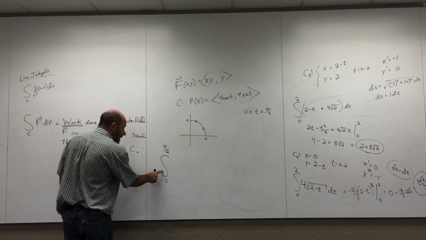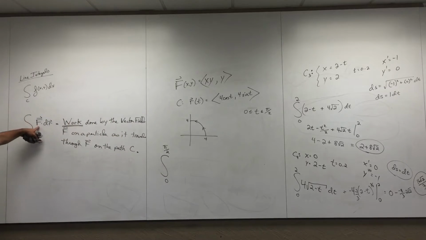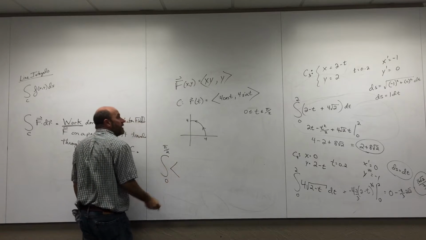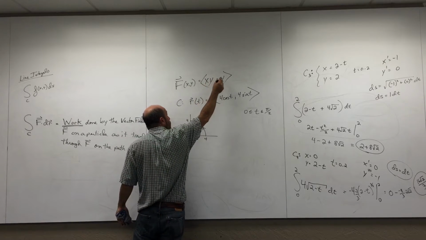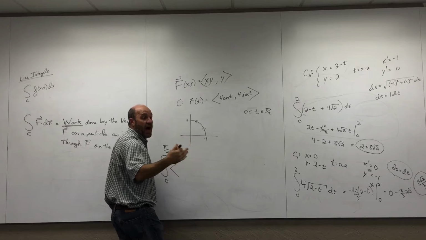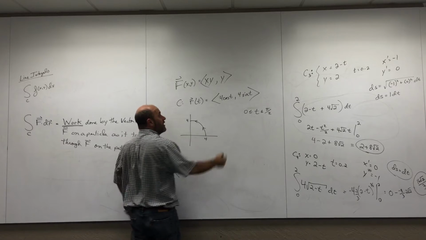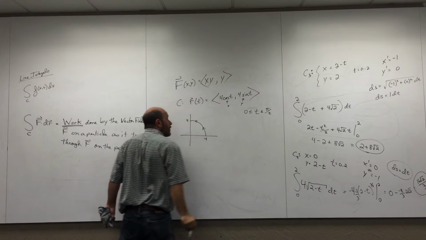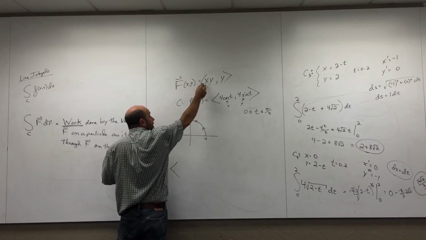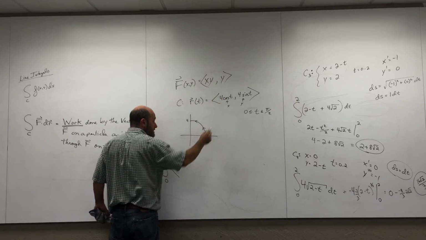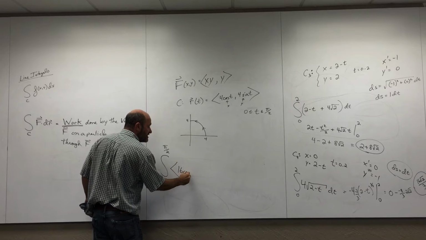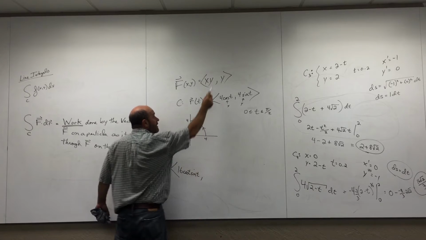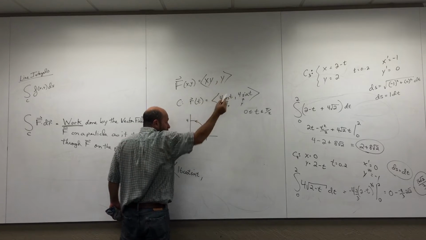Now, what am I integrating? Well, there's the vector field F. But I have to replace those x's and y's with what x and y are on the curve. So there's my x, and there's my y. That's x times y, so that's 16 cos t sine t, comma, and then here comes y, which is 4 sine t.